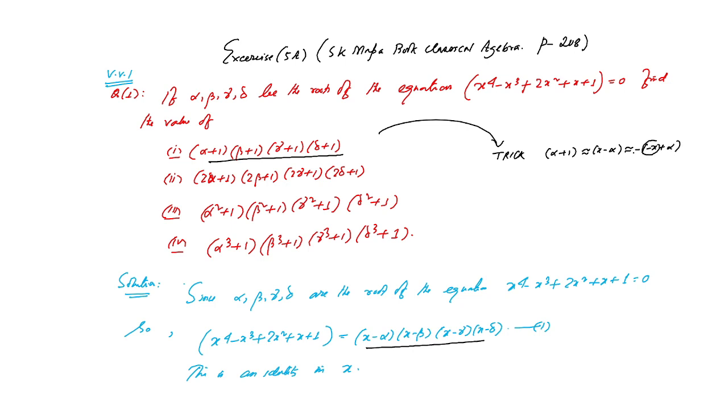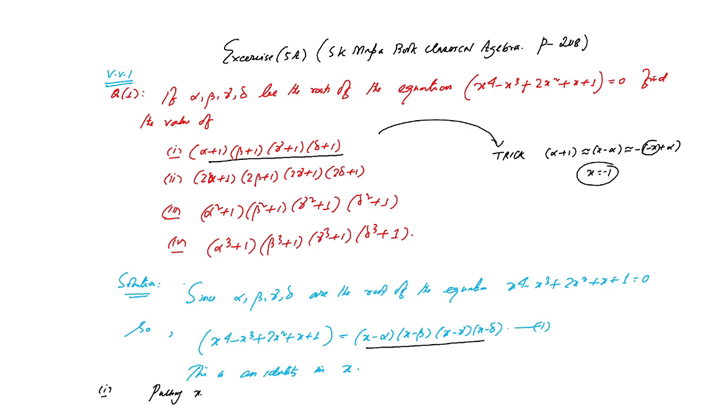In position of minus x, you will take 1. So minus 1. If we put x equals minus 1, it will be minus alpha minus 1, and put x equals to minus 1, here it will be minus 1. If you take minus common, it will be alpha plus 1.